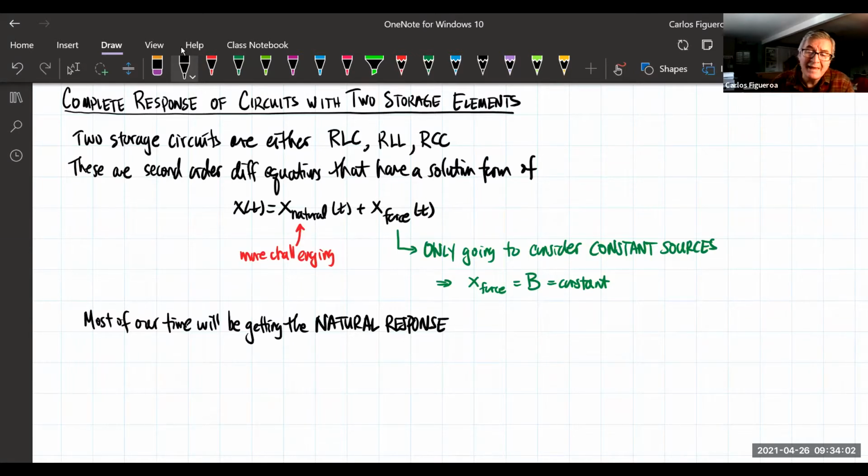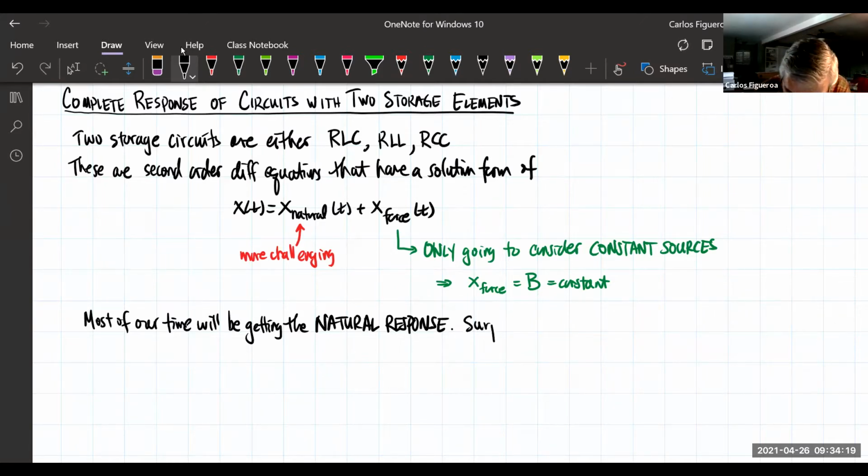And what's really amazing about second order circuits is that they have the exact same equation as a harmonic oscillator system.